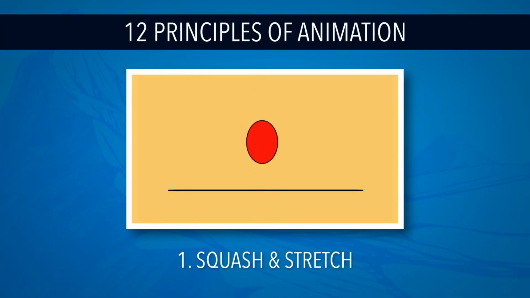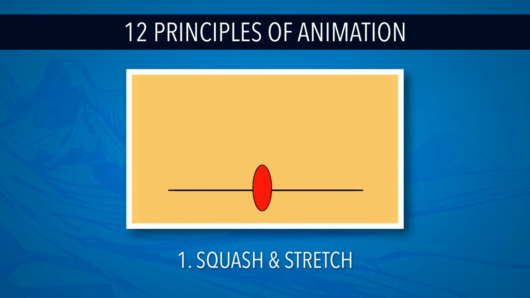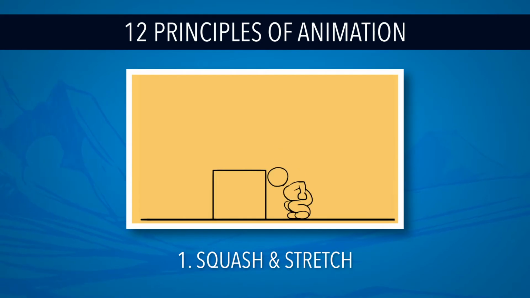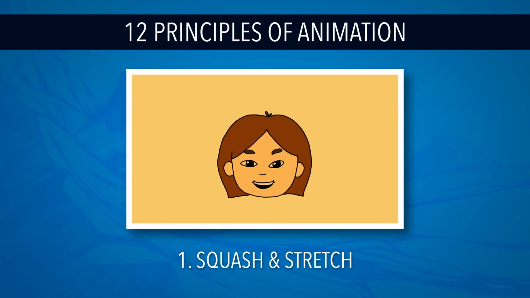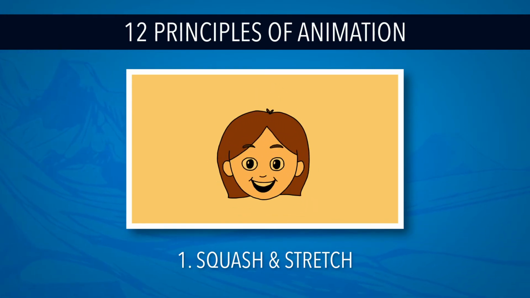The purpose of squash and stretch is to give the sense of weight and flexibility to drawn objects. It can be applied to simple objects like a bouncing ball, or more complex objects like a human character, or the face. Taken to an extreme, a figure stretched or squashed to an exaggerated degree can be very comical.